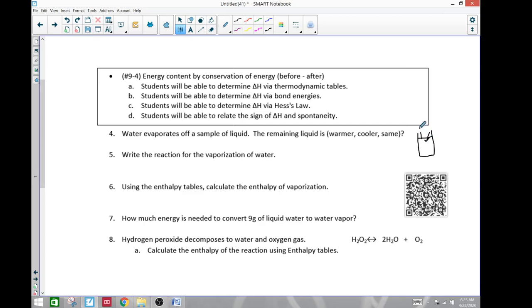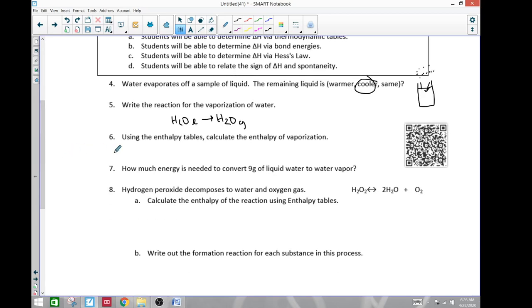We're going to break bonds so these things can escape. If you're breaking bonds, that's endothermic and it's cooler. Write the reaction for vaporizing water. H2O liquid goes to H2O gas.